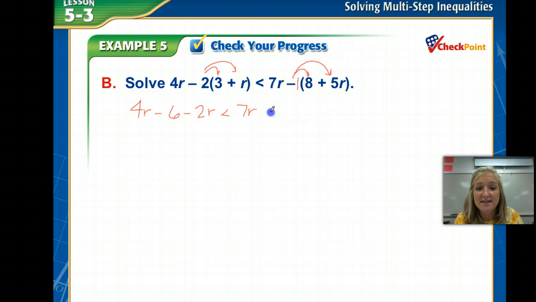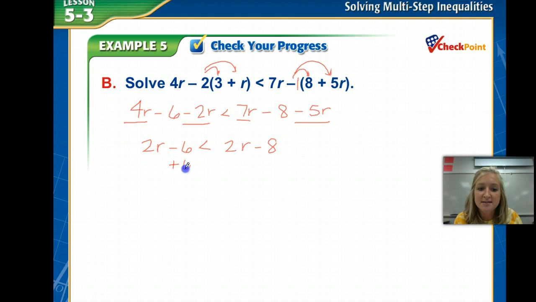Negative 1 times 8 is negative 8. And negative 1 times 5r is negative 5r's. So now I'm going to combine like terms on both sides before I move anything from left to right. 4r minus 2r is 2r's. Minus 6 is less than 7r's minus 5r's is 2r's minus 8.